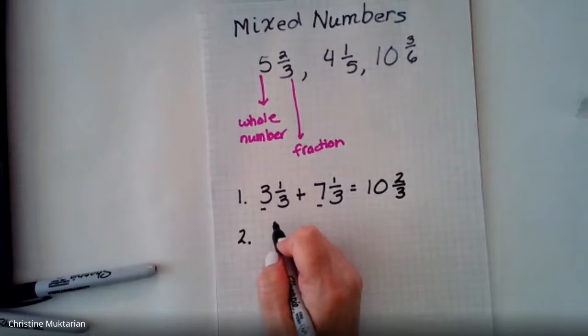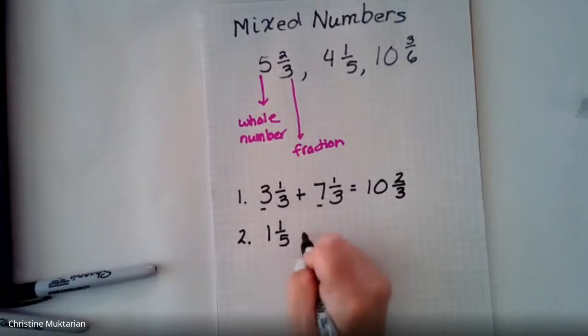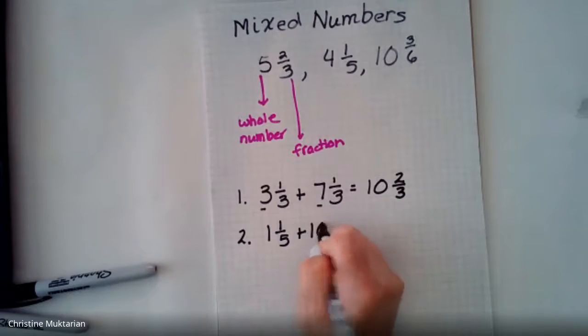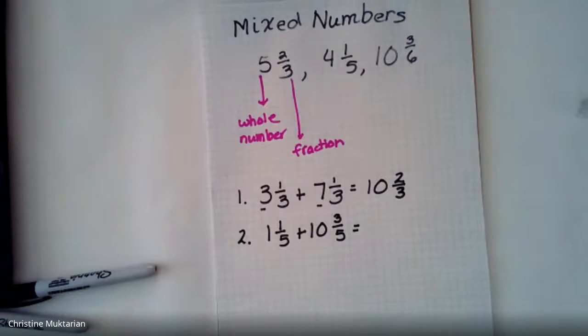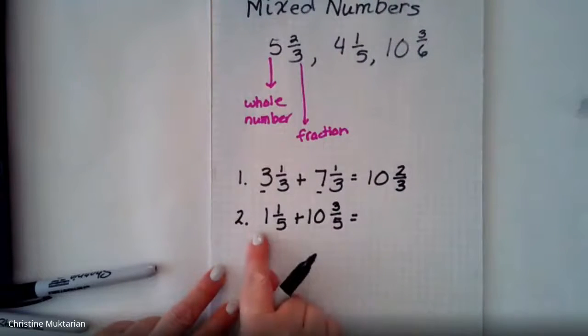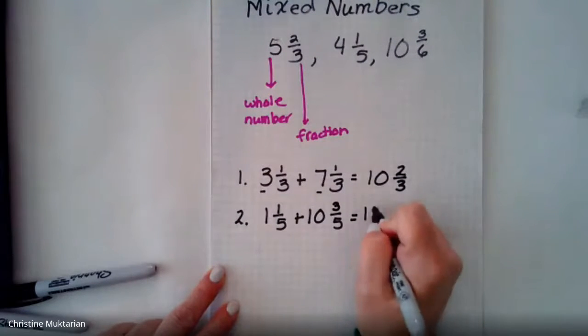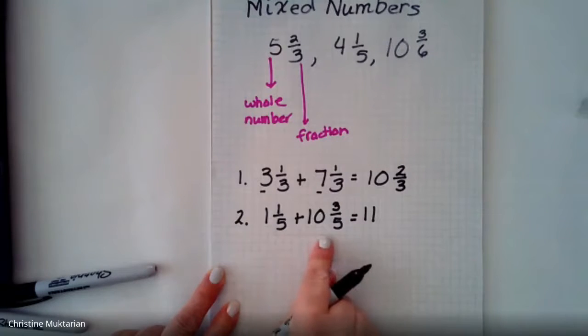Let's see, how about 1 1/5 plus 10 3/5? The first step, I hope you remember, the first step is to add your whole numbers, the 1 and the 10, that equals 11, and then add your fractions, 1/5 plus 3/5.